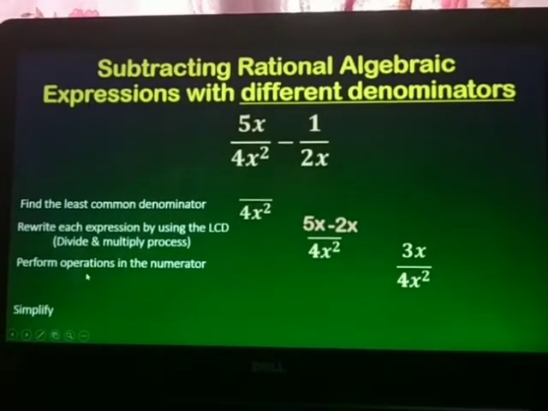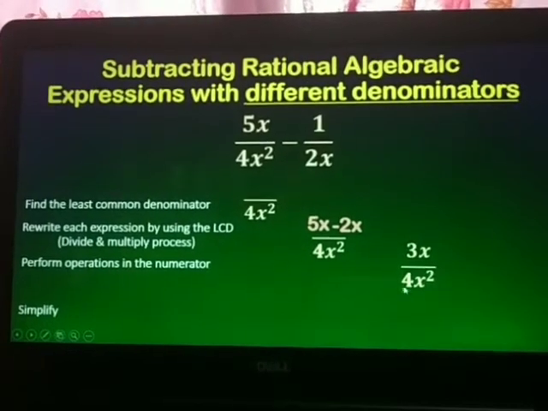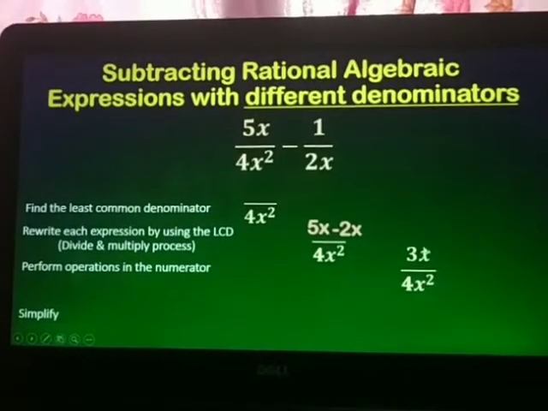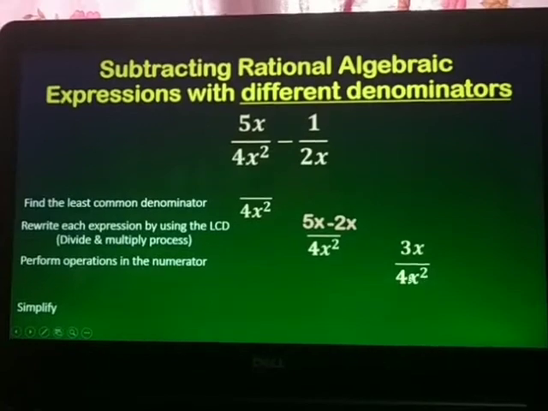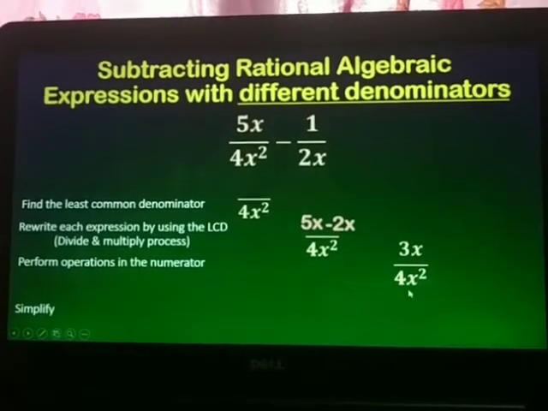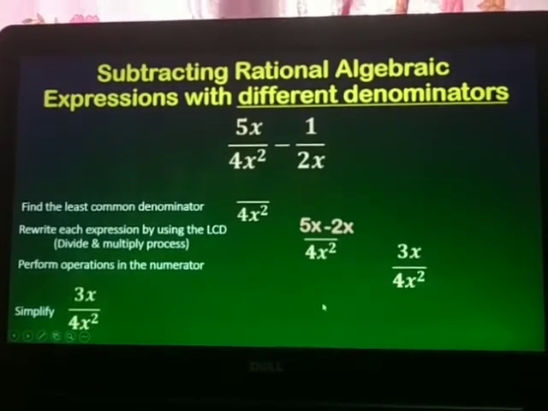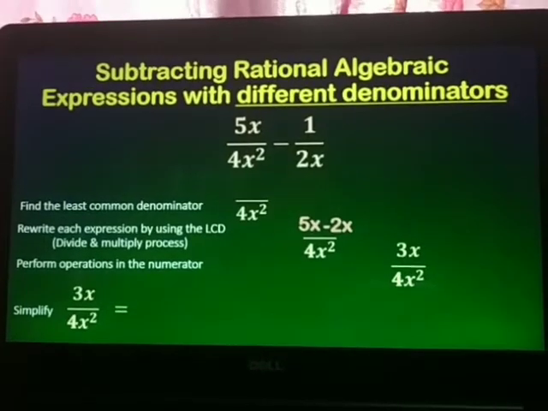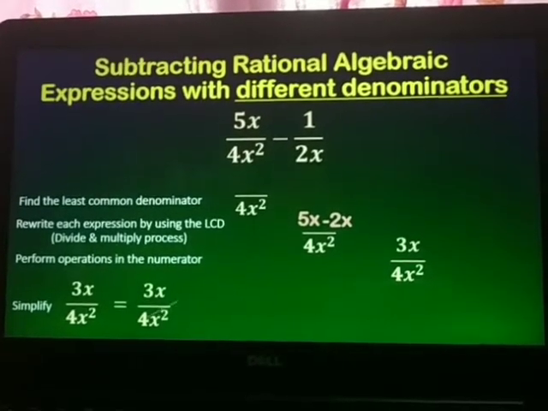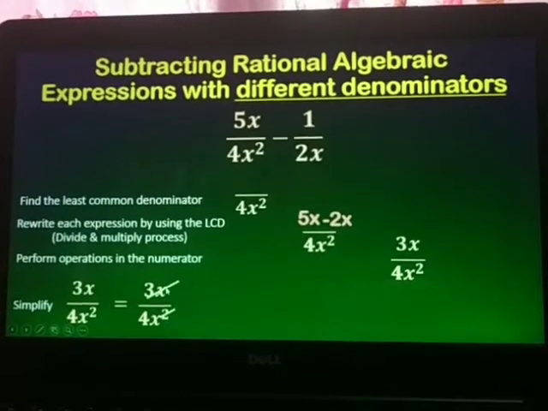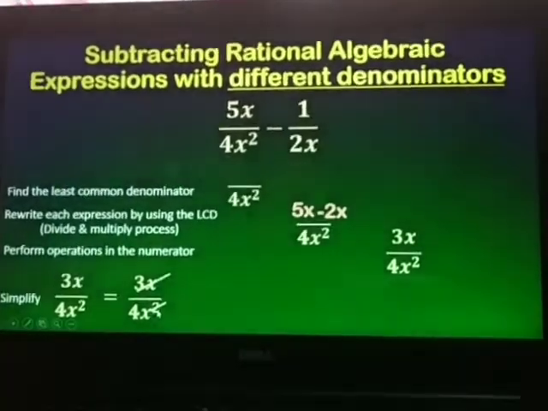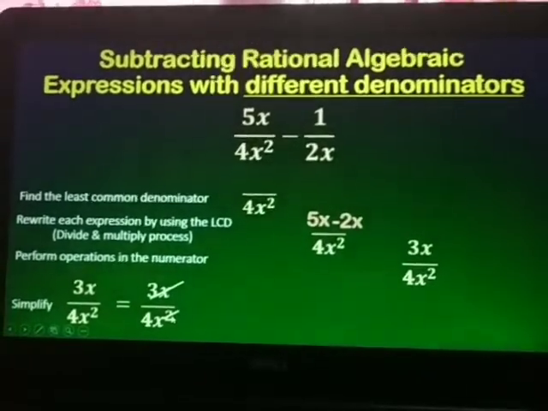Next step is to simplify. Is this in simplified form? What is the common factor of 3x and 4x squared so that we can simplify it? Okay, the common factor is x. And so, the x on top will be divided by an x in the bottom.